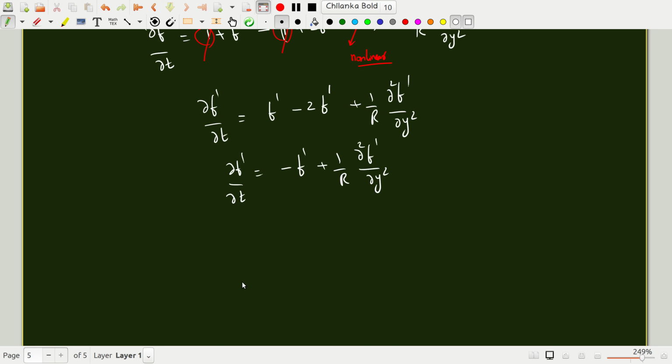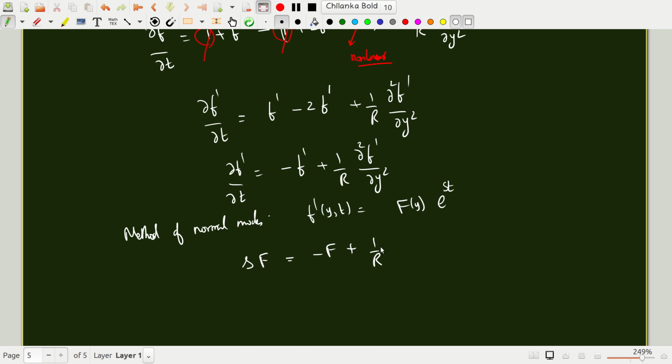Now, we will use the method of normal modes. What is the method of normal modes? You will say that f prime of y, t is some f of y, which is the eigenfunction in the spatial direction, times e to the s t, and if you substitute, you will get s f is minus f plus 1 by r times d squared f by dy squared.